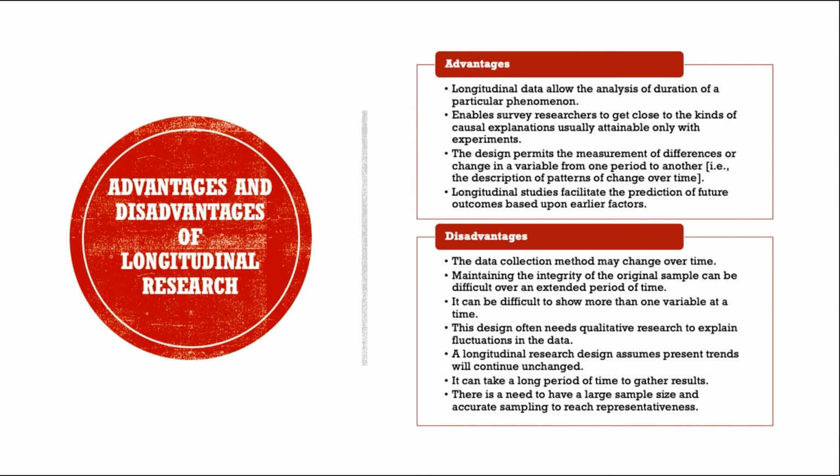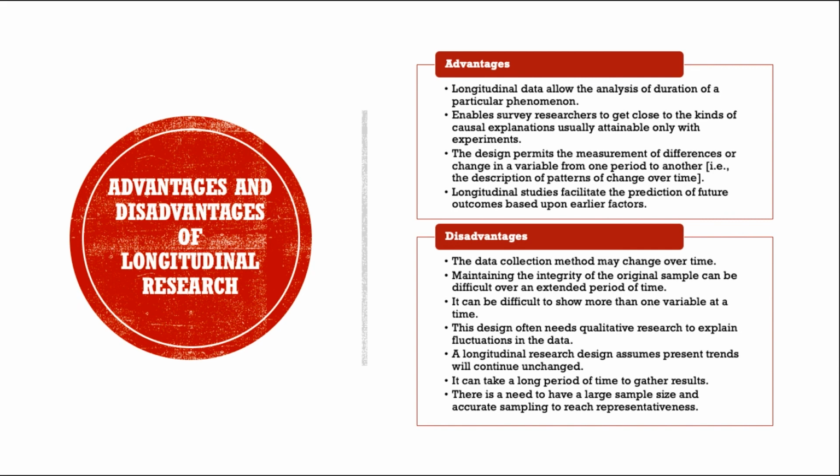Sometimes, really, as I say, you cannot maintain those who participate. So it can be difficult to show more than one variable at a time, because it involves different periods of time and time changes. So sometimes it's very difficult for the researcher to track all those variables.